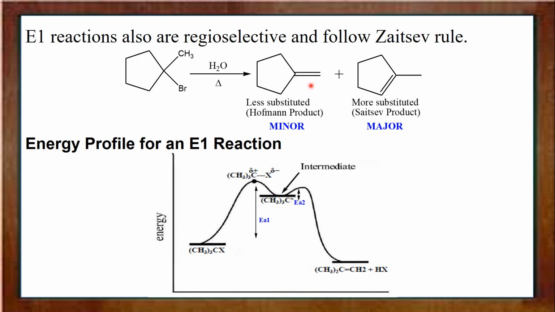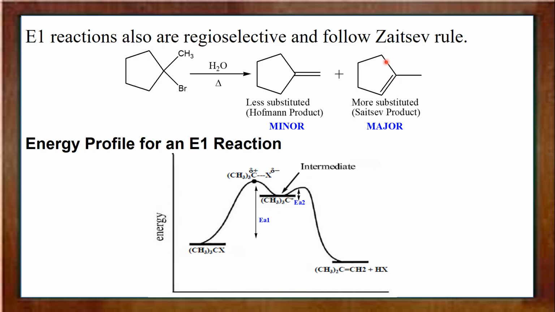The product with the exocyclic double bond has only two alkyl substituents on the double bonded carbon atoms. This is a di-substituted alkene. Whereas here, when the pi bond is endocyclic, this is a tri-substituted alkene.